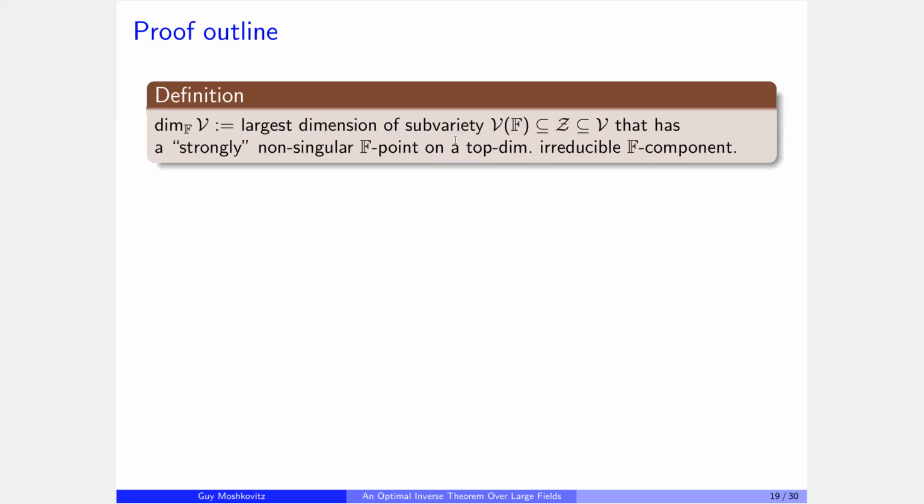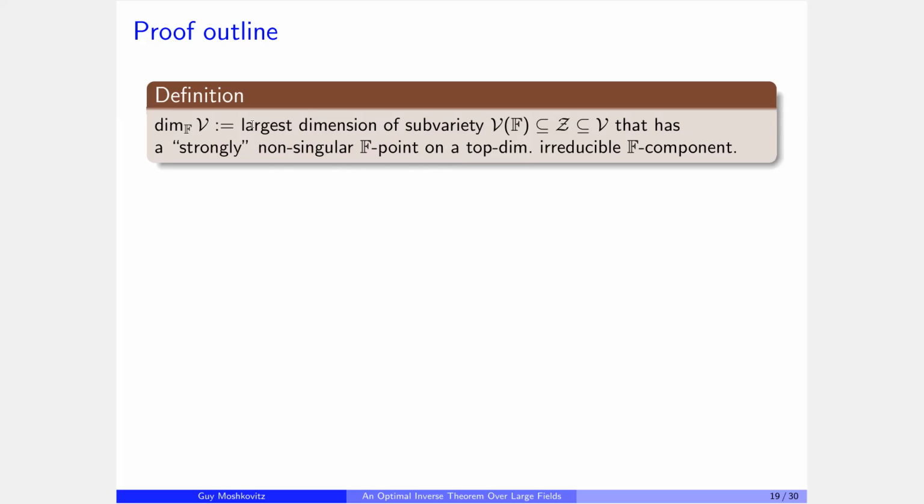Because if you take Z to be all of V, and you take any irreducible component of the largest dimension in V, a generic point there is definitely going to be an F rational point because F is algebraically closed, but it's also going to be strongly non-singular.